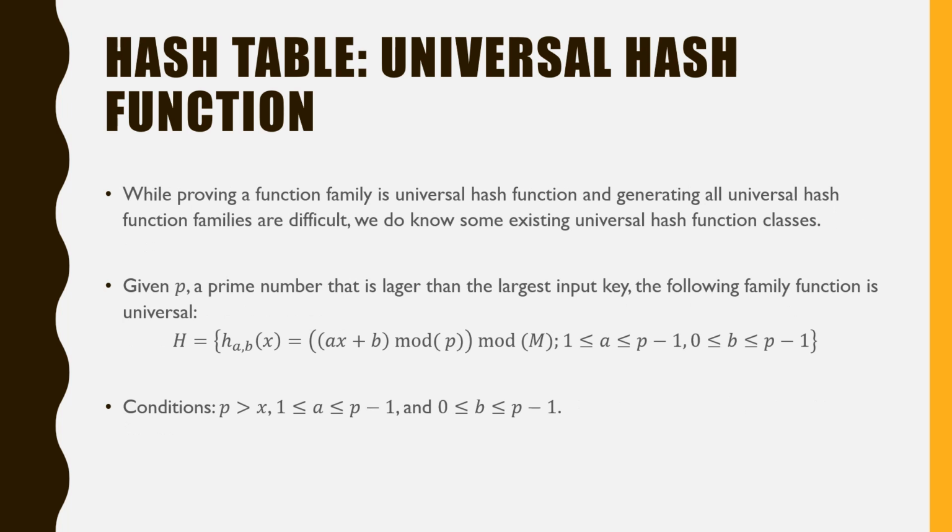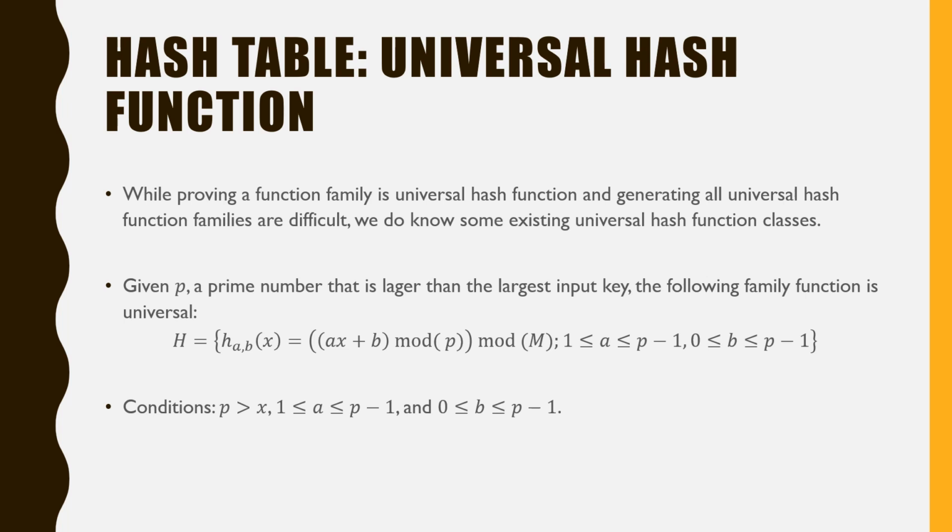Once we have the definition, we can come up with a function class and prove that the class is universal based on the definition. While the proof can be important in theory, for application purposes, we only need to know which function classes are universal and implement our hash table by choosing hash functions from them.